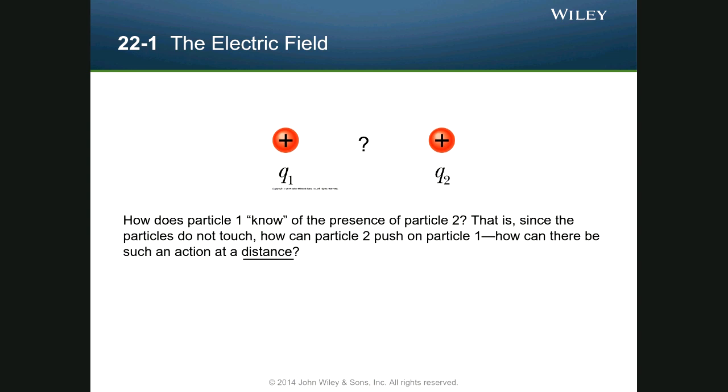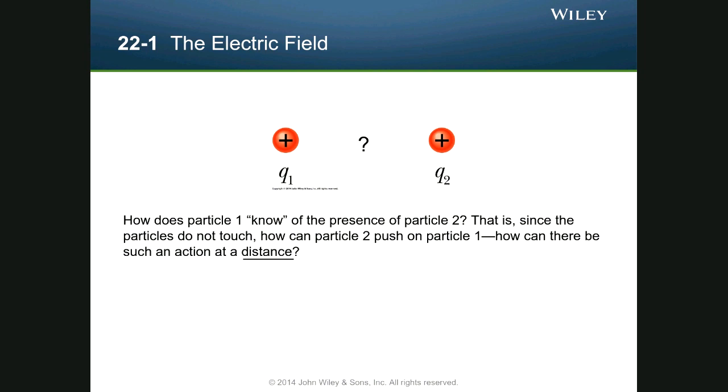Another thing fields allow us to do is, when physics gets more complicated, or when we find that our classical models break down, we can still work with them. The only thing that travels at the speed of light is light, right? Nothing else travels at that speed. But electric fields can travel, or rather, it's not that the field travels at the speed of light.